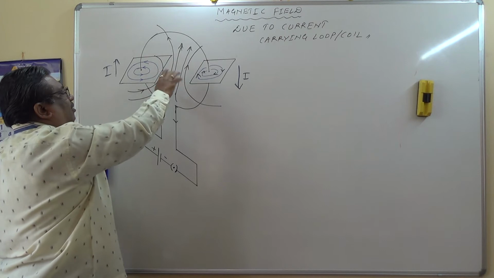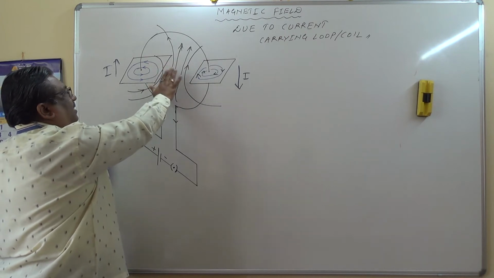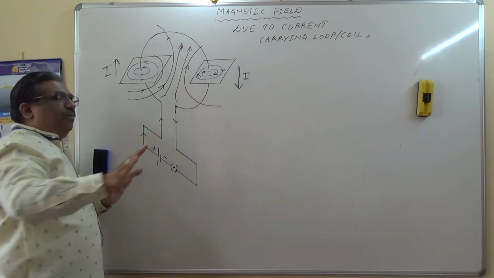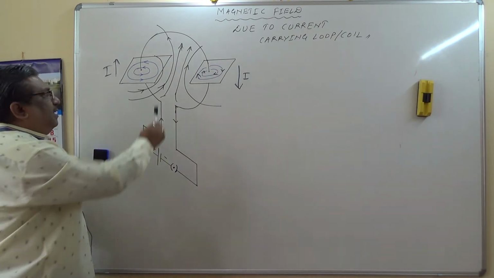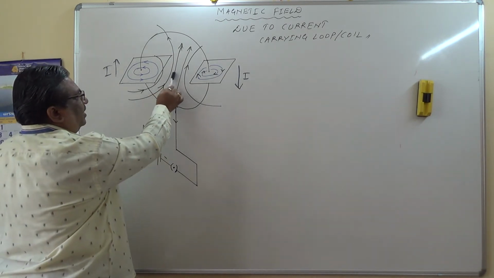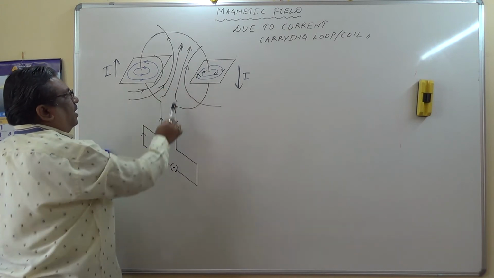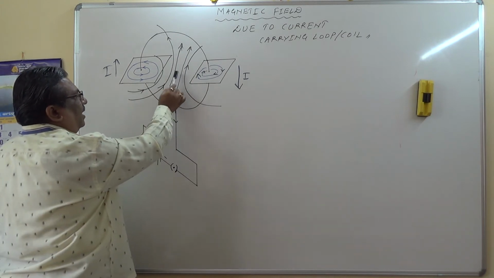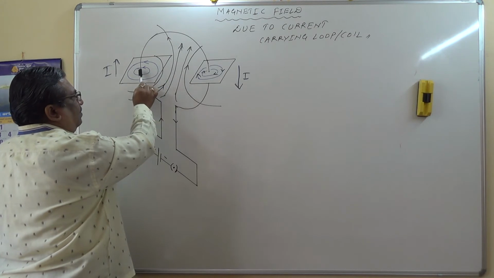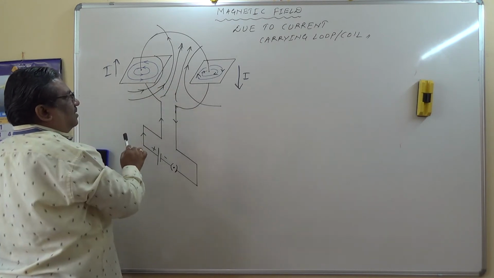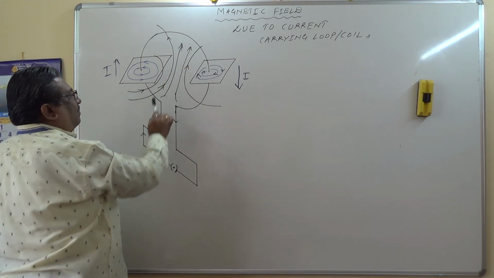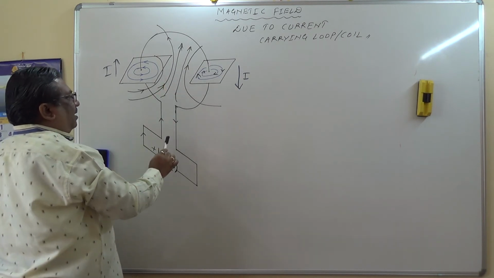The direction of the magnetic field lines at the center is almost uniform. Why is it uniform? If you look at the spacings between these magnetic field lines, they are almost parallel at the center, but when we come towards the conductor, they are in the form of concentric circles. Parallel lines represent uniform magnetic field.